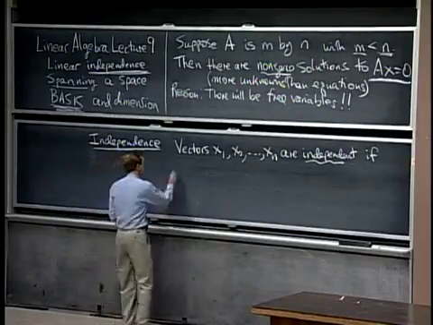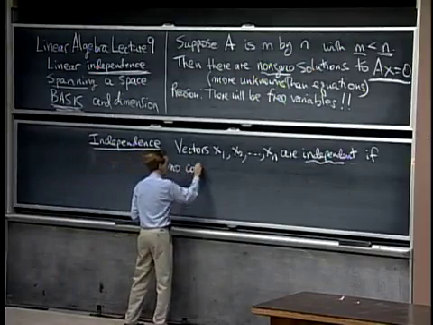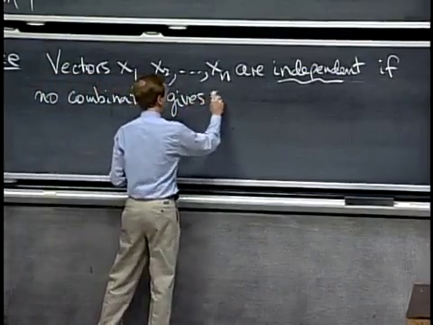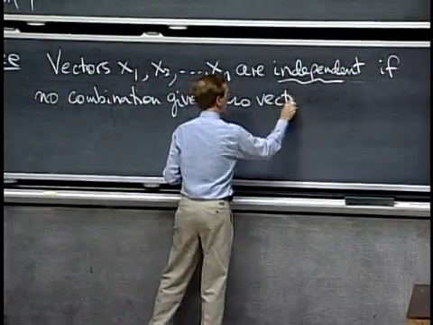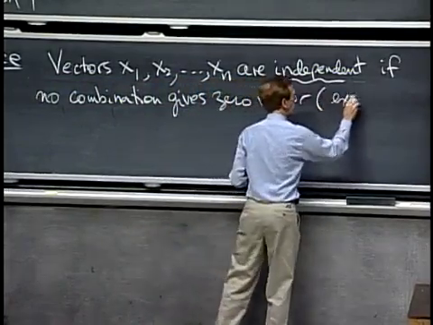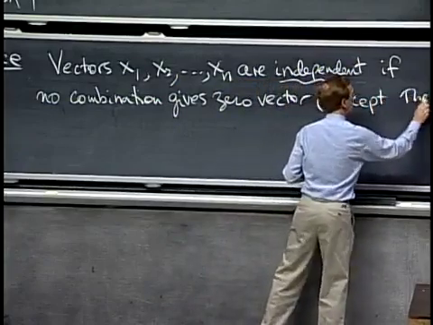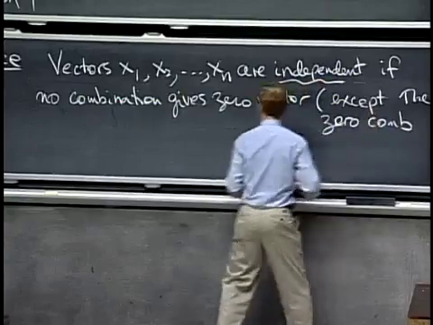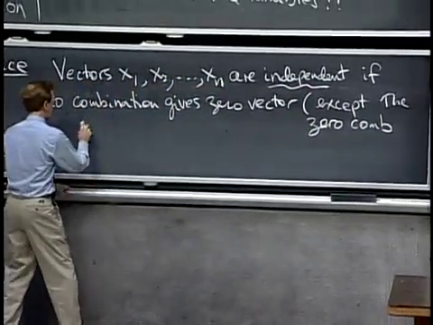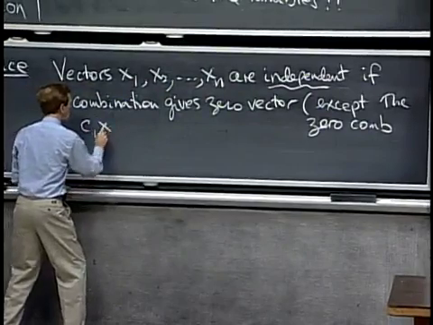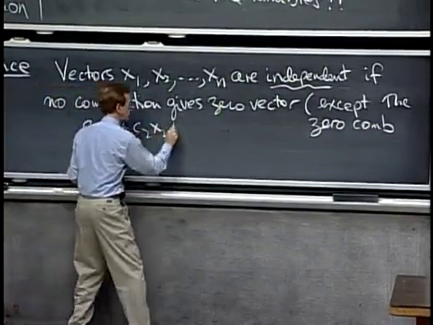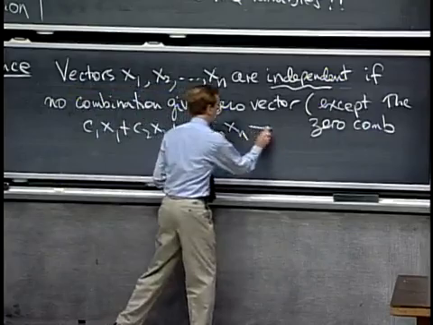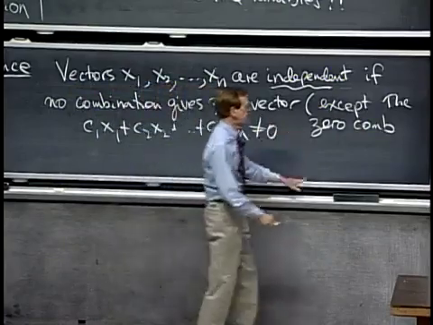They're independent if no combination gives the 0 vector, and then I'll have to put in an except the 0 combination. So what do I mean by that? No combination gives the 0 vector. Any combination c1 x1 plus c2 x2 plus up to cn xn is not 0, except for the 0 combination.